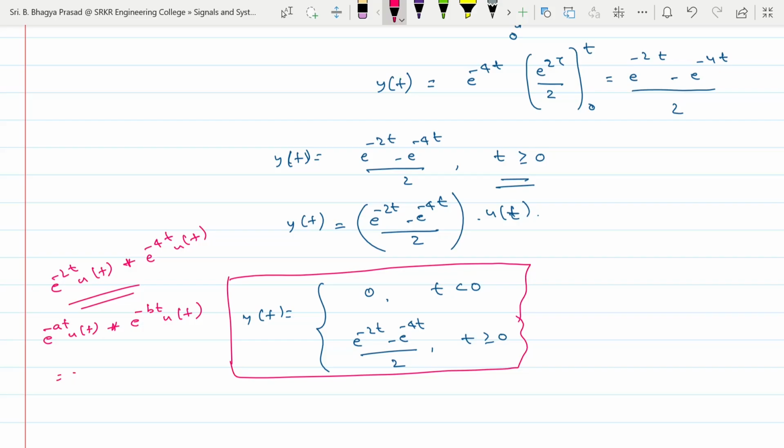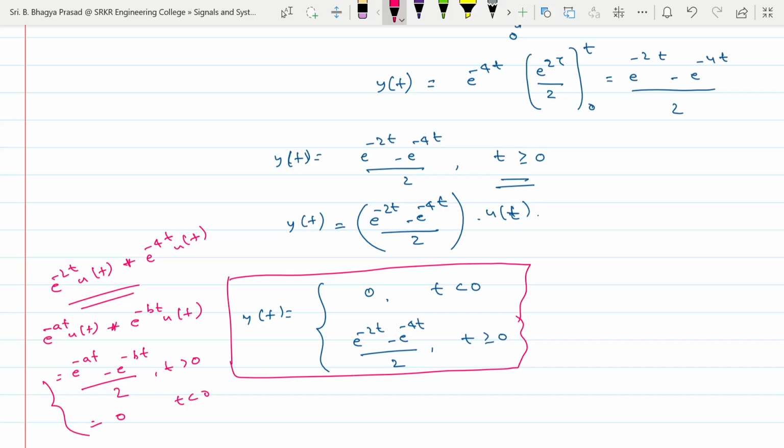The output will be (e power minus at minus e power minus bt) by (b minus a) for t greater than 0, and for t less than 0 the output will be 0. Okay, so you can make it a standard expression to solve any problems quickly in the competitive examinations.